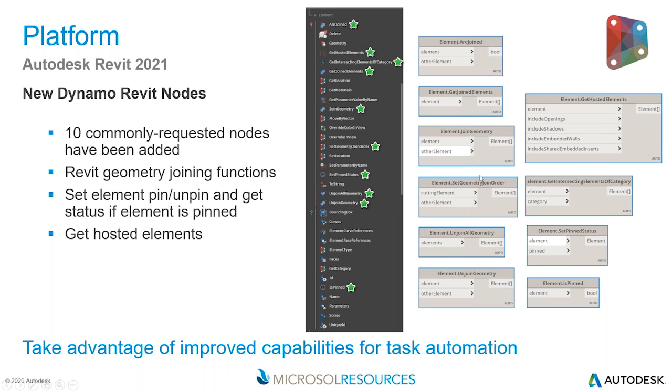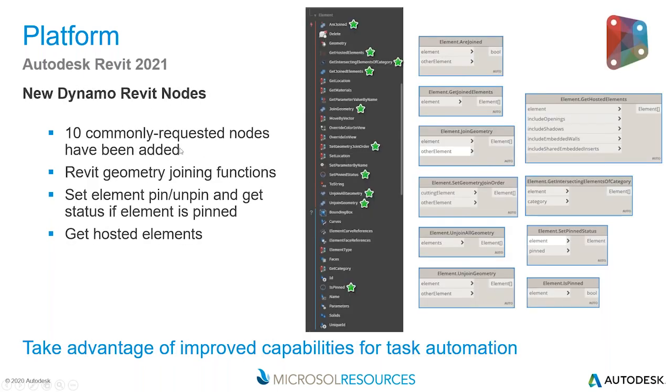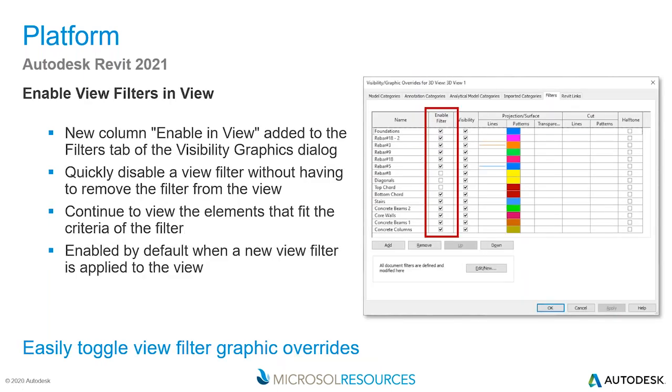And joining geometry sometimes gets problematic because it shows up in the warning dialog boxes. So bottom line, these nodes will help users get more productivity within the automation tasks. There's more available. I'm not done with Dynamo, so we're at the platform level. We're not digging into our architecture or structures yet, but there's more to come.